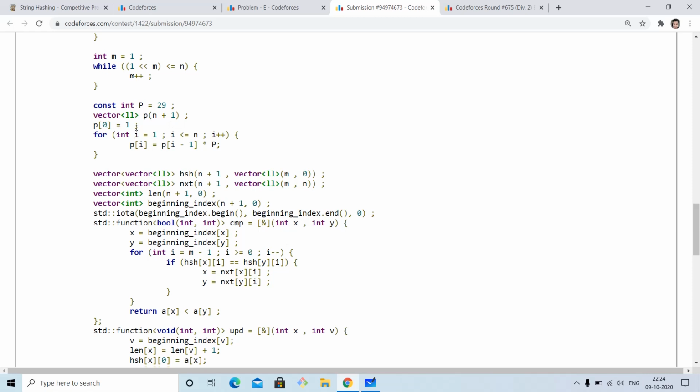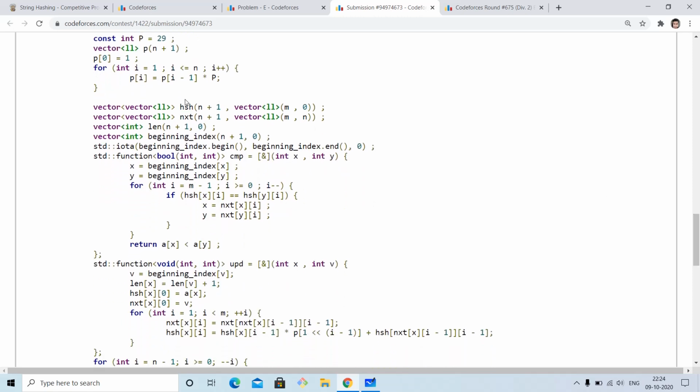So power of 0 is 1, and power of I is power I minus 1 times p. Then we have this vector of hash and next, and then we have this for the answer. This length denotes the length of the answer starting from index I, and this is the starting index, that is the beginning index for each index.